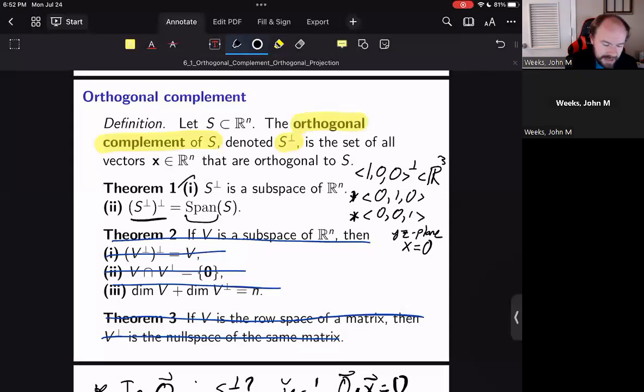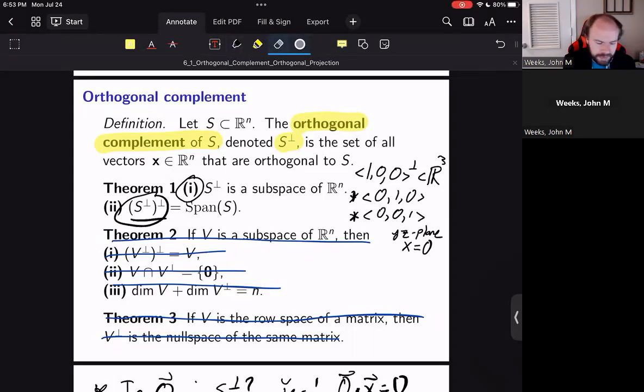But in the first part, we saw that S perp is a subspace, and we're taking the perp of it. That gives us a subspace, so whatever this is equal to needs to itself be a subspace. The span of S ends up being the right choice. In some sense, it is the smallest subspace that contains S, so it is just the right size for what we are looking for here.